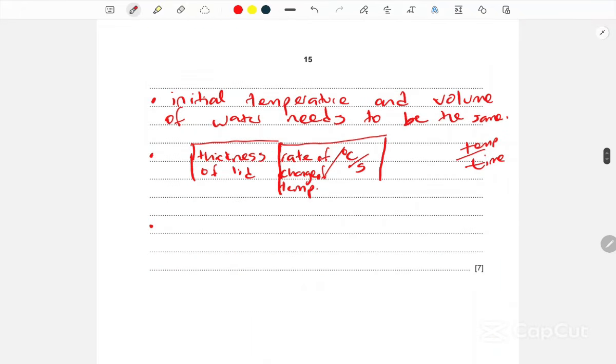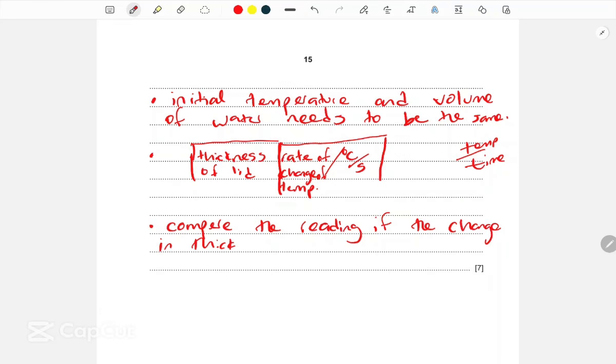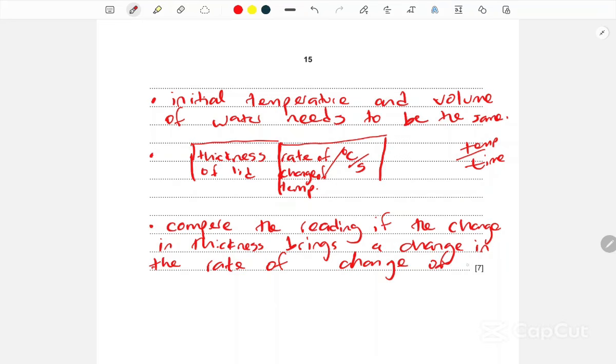So to reach a conclusion, what we should do is we compare the readings, to see if the change in thickness brings a change in the rate of change of temperature.